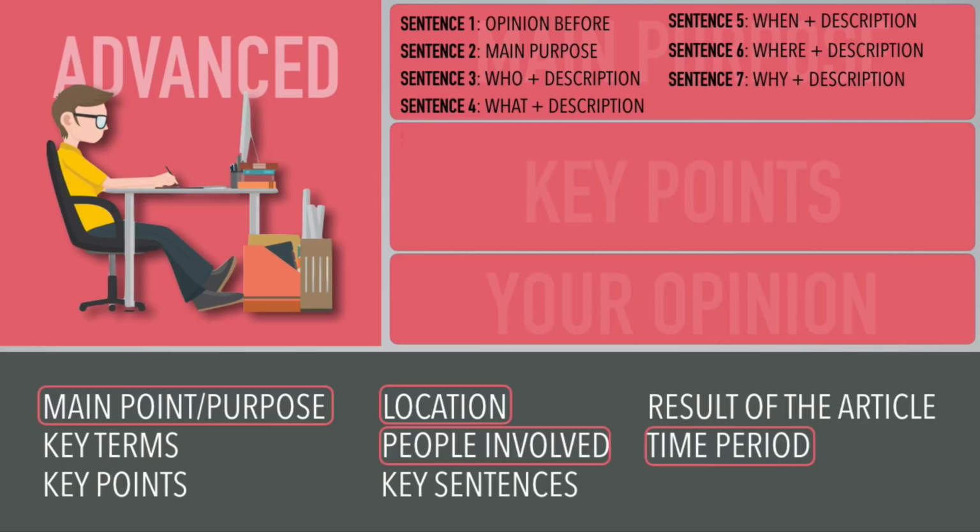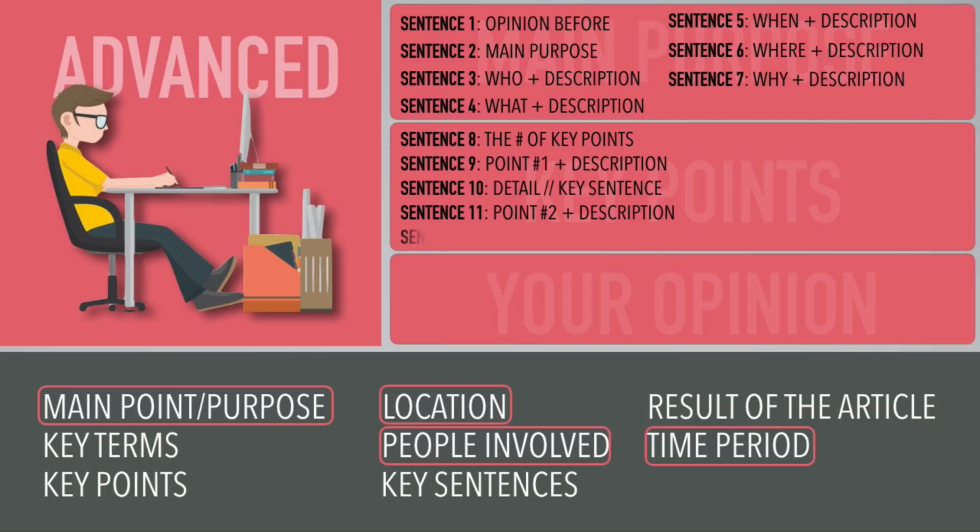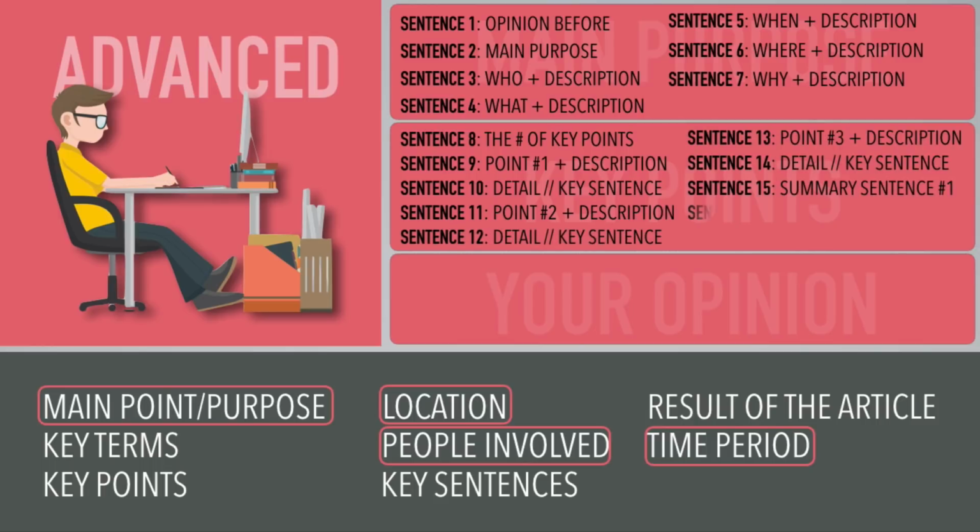So let's keep going. The key points section also expands when we go to the advanced level. This time there are 9 sentences that we need to write for the advanced level summary. Okay? And the first sentence in this section is the same as the intermediate level. The number of key points. Sentence number 9, point number 1, plus a description.